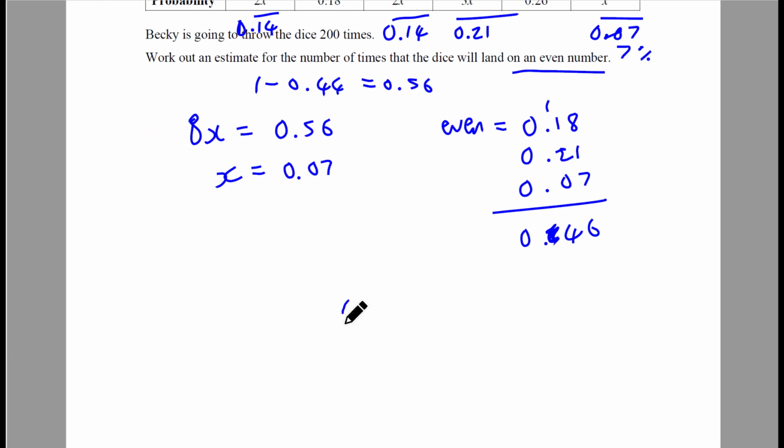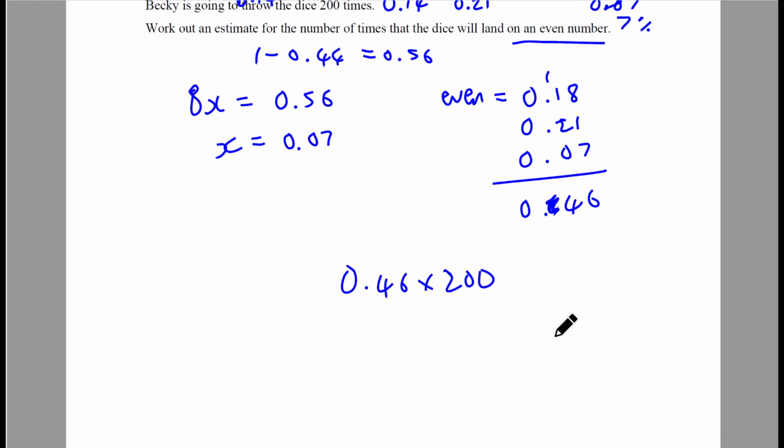This is all you're working out, times 200. Well, if you times it by 100, it's 46. So 46 times 2 is 92.